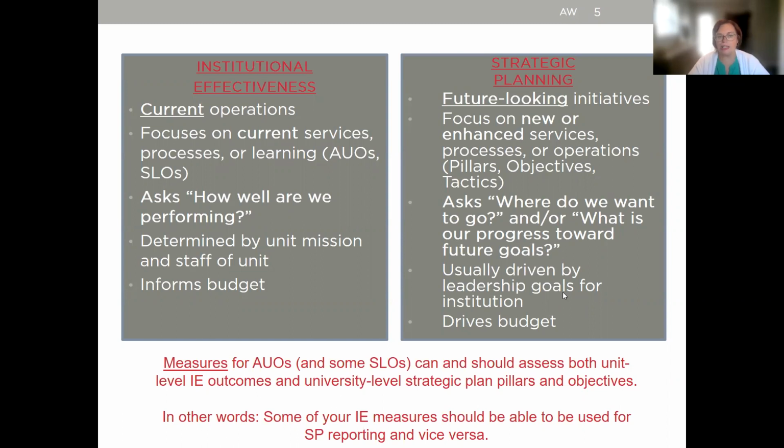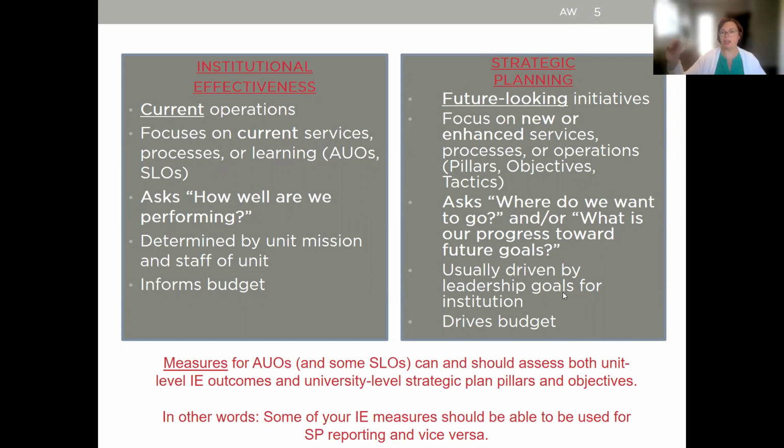So IE is really about the present. What's happening right now? What are your daily operations, the daily things that you do? Whereas strategic planning is more future looking. It's where do we want to go? What are our goals over the next 2, 3, 5 years? So they support each other. What we do on a daily basis should be building us toward what our strategic plan goals are. But essentially the way they're worded might be different, right?